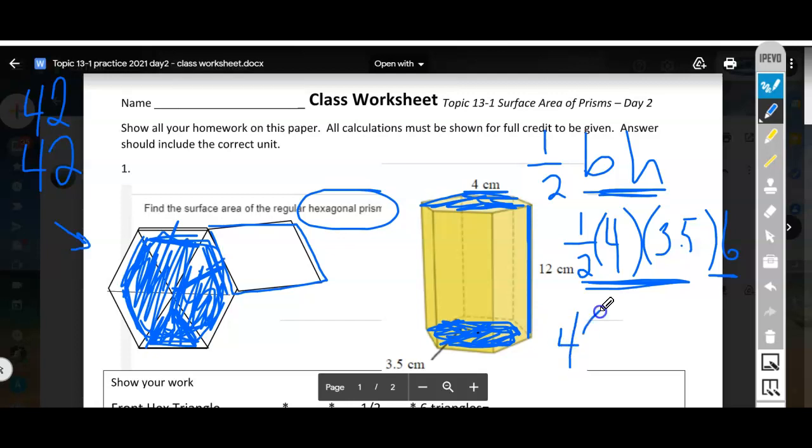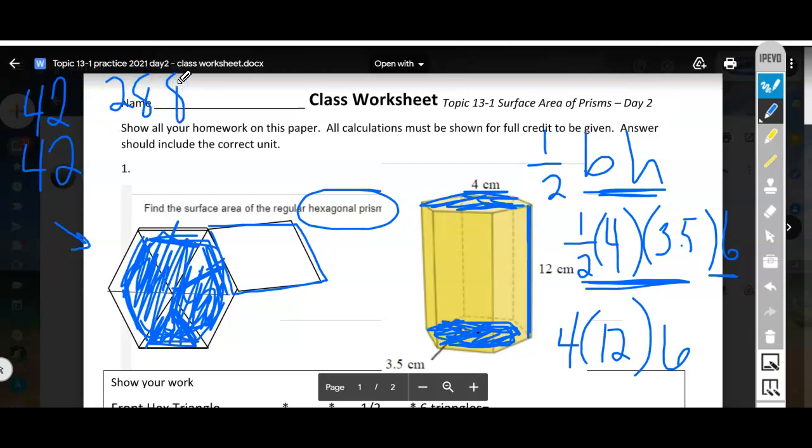So we're going to go 4 times 12. Now, how many of those rectangles are there? 6. Are they all the same? Yeah. So I can just take that 4 times 12 times 6. Which is, Bailey? 288. Is that what you said?